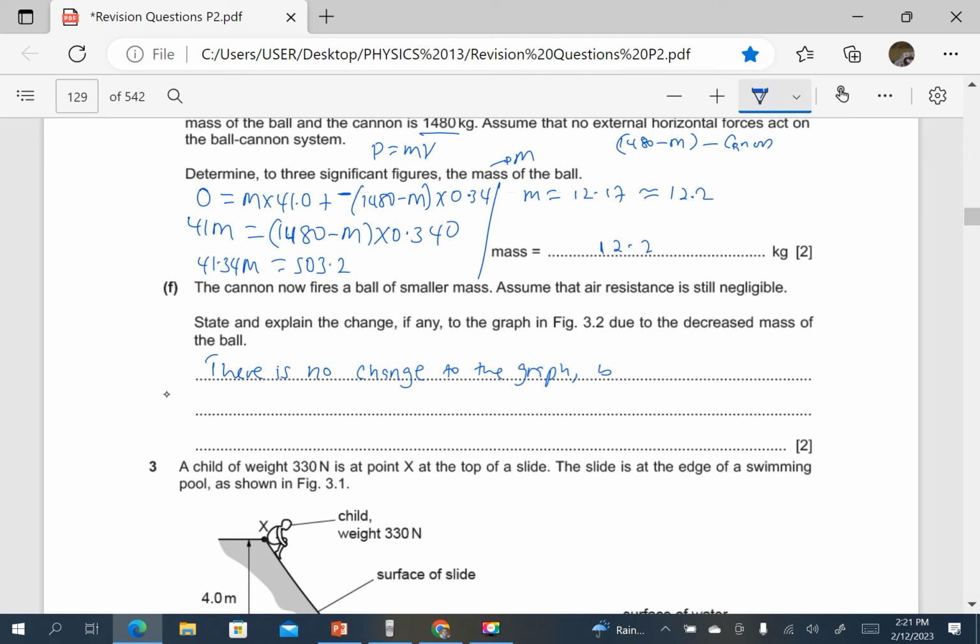Reason? Because the acceleration of free fall is not changed.